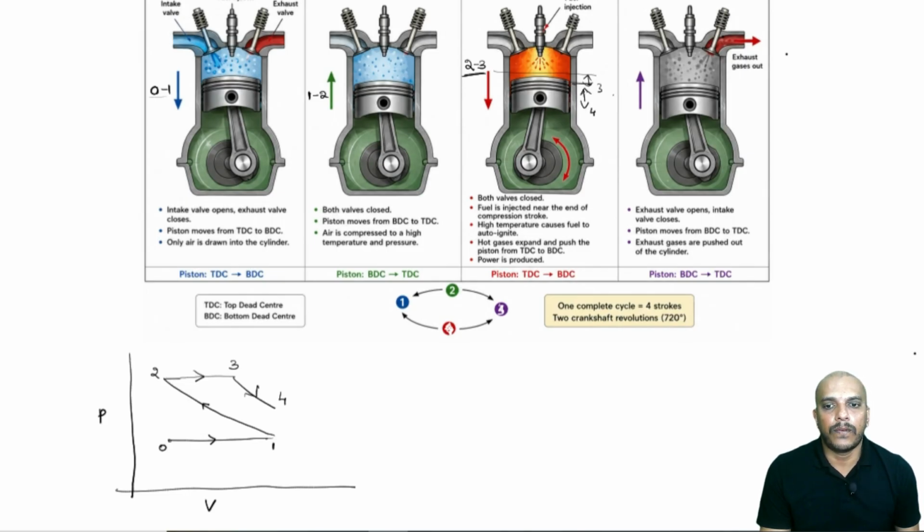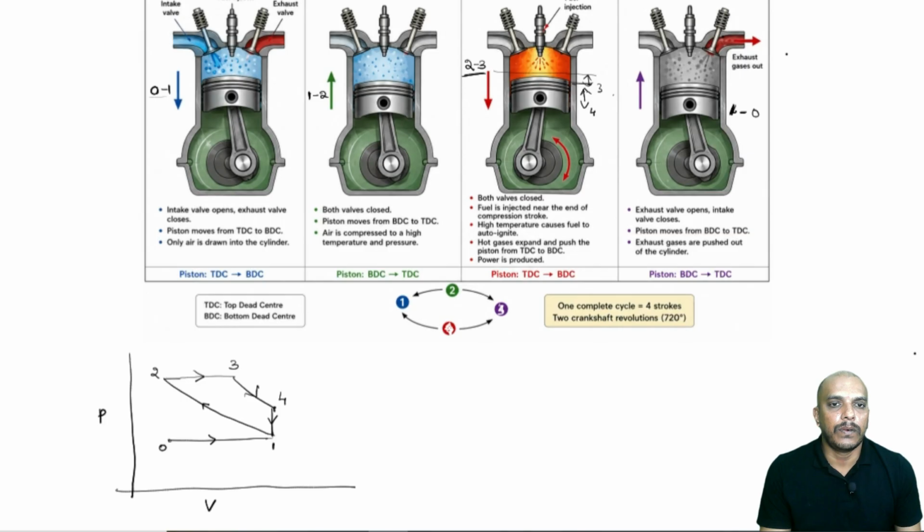Then 4 to 1: at the end of this expansion stroke, we have the exhaust valve opened. The moment the exhaust valve is open, most of the heat is ejected, so it can be assumed as constant volume. Then the remaining combustion products are pushed out by the piston during the exhaust stroke, which can be modeled as 1 to 0.